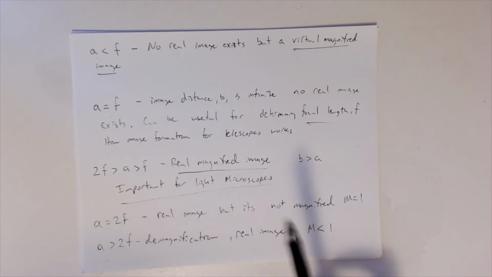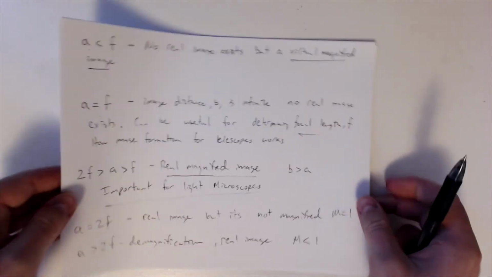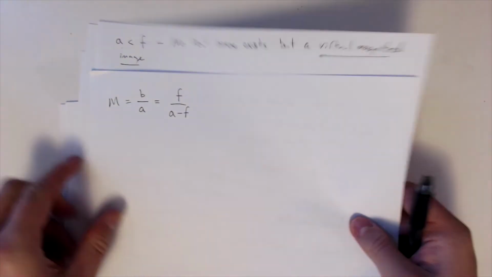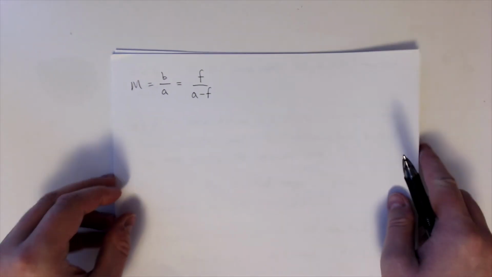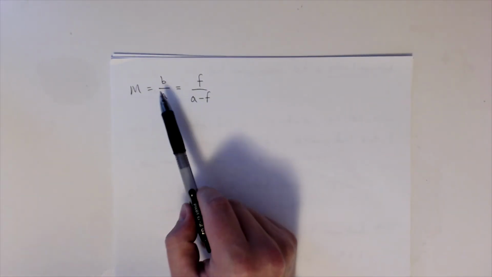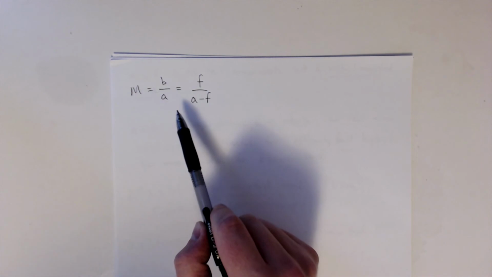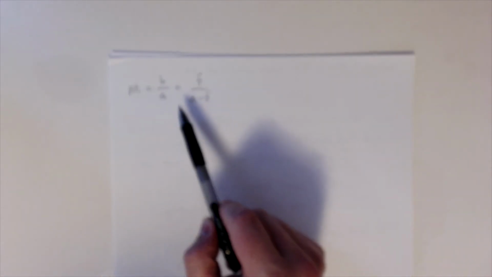All right, one last thing before we move on to the next module is the magnification equation, which I showed earlier. I got it back here. Right? From this, you might suspect that you can put in whatever numbers you want, right?